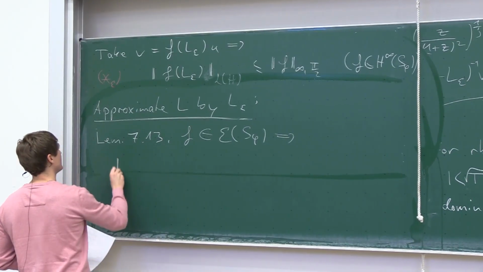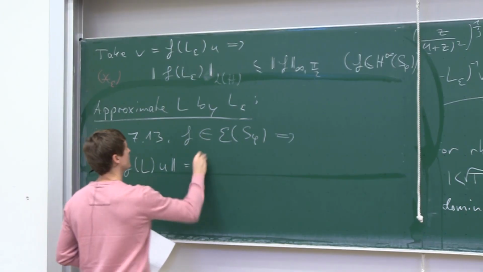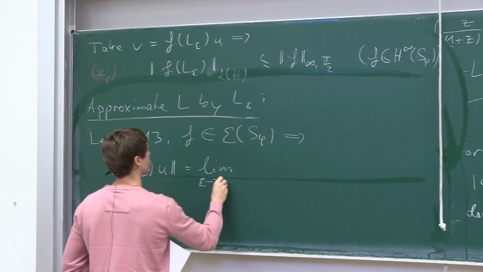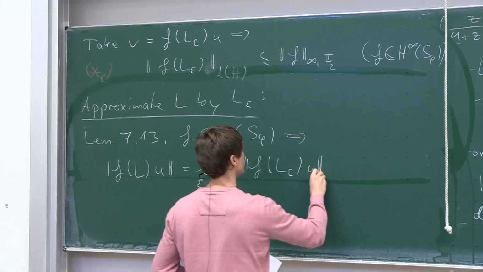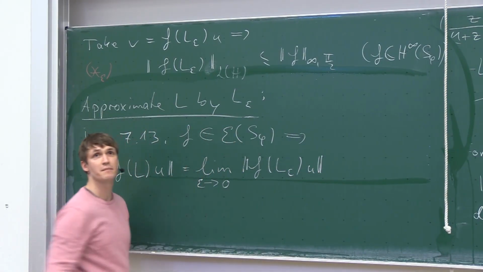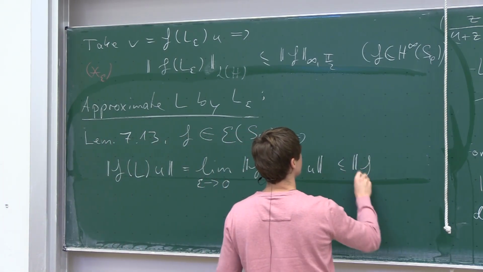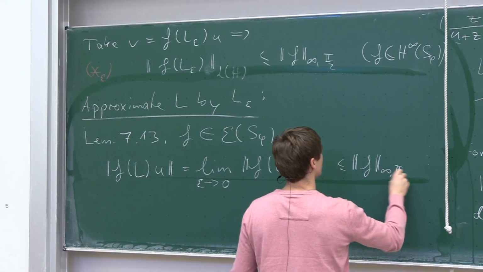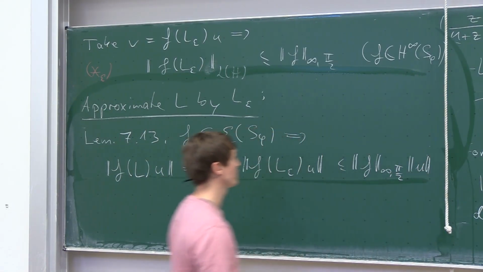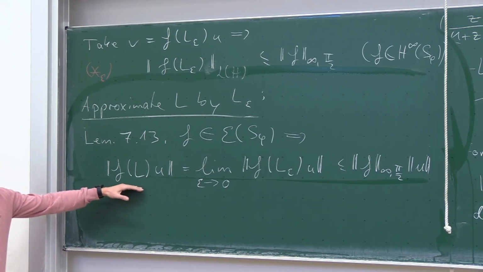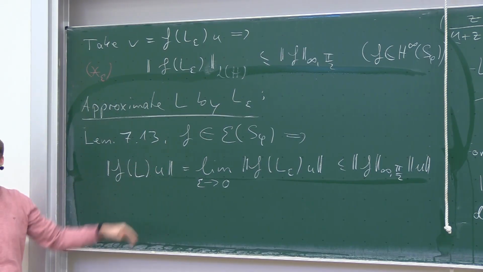So we see that f of L applied to u can be written as a limit for epsilon to 0 of f of L epsilon applied to u. Okay, and now each of these terms can be controlled by the supremum norm of f. So this is less than the supremum norm of f on the sector of angle pi over 2 times the norm of u. So this is the inequality for the Dunford-Riesz class for any sectorial operator just by approximation.